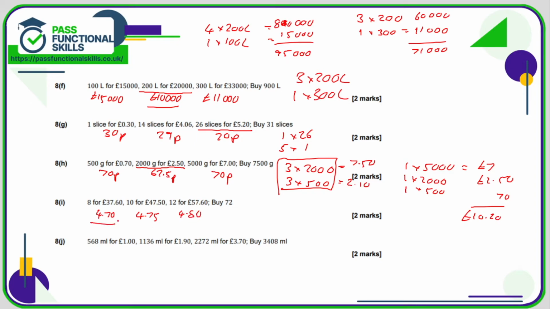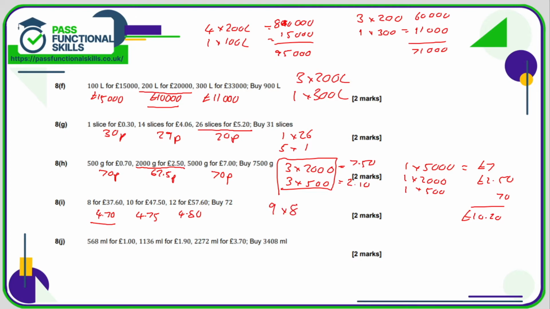So the 8 for £37.60 is the cheapest. So we're going to take advantage of this offer as many times as we can. How many 8s go into 72? Well, you can reach for your calculator. 72 divided by 8 works out as 9 exactly. So I'm going to buy 9 times the 8 pack.